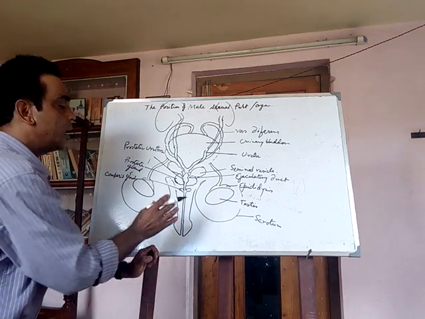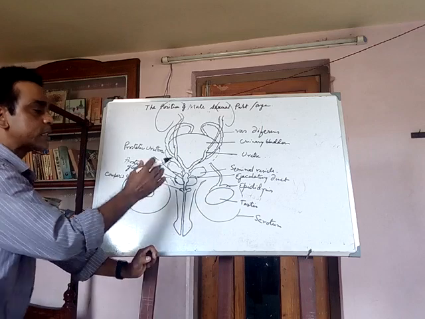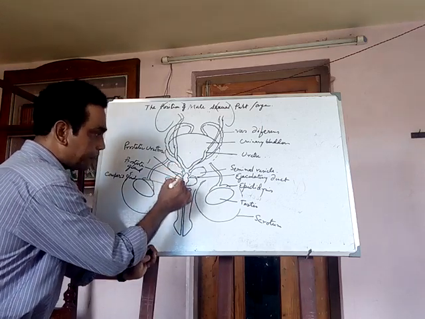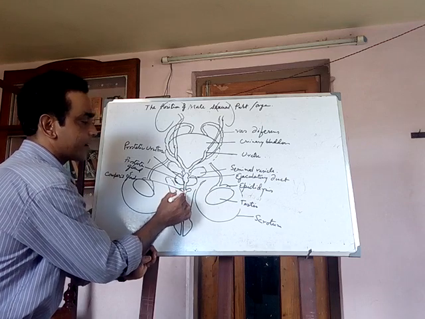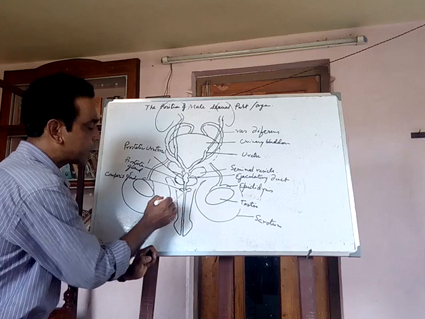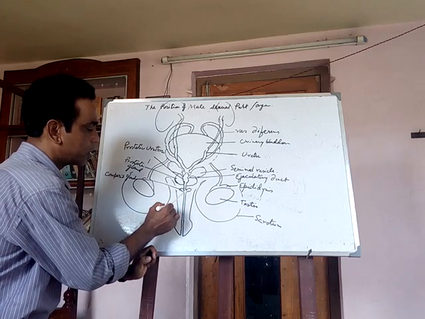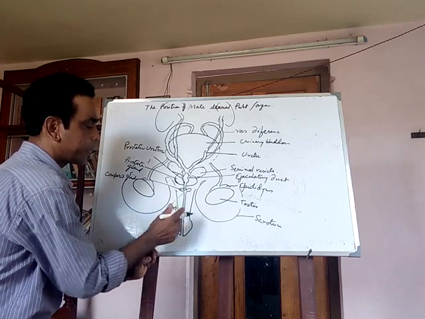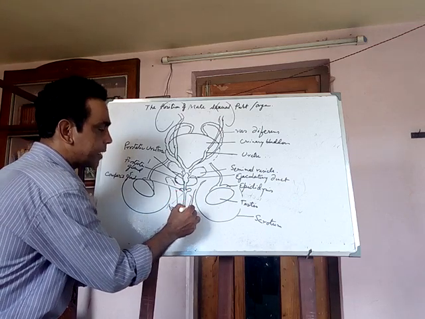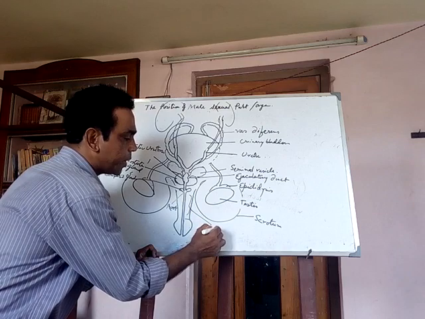Next, we learn about the penis. Beneath the Cowper's glands, the starting point of the penis is called the root. That is the root, and that is the body of the penis.